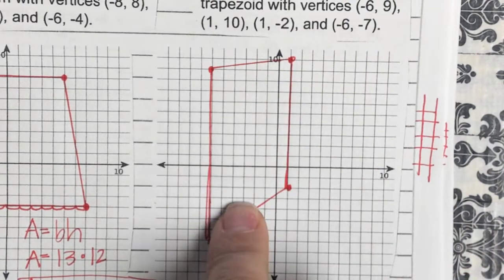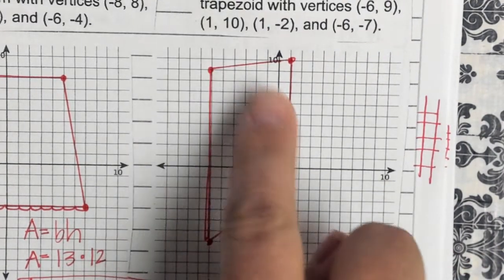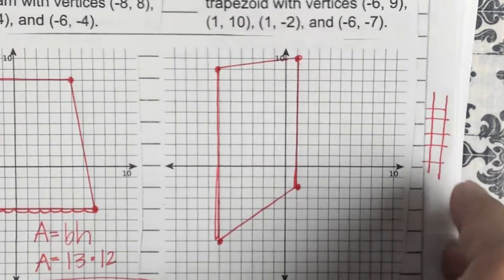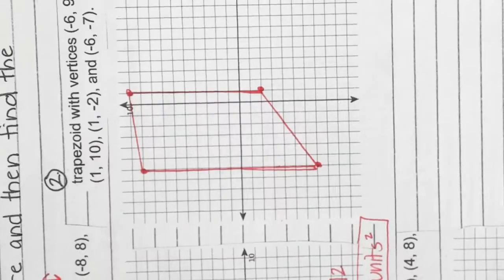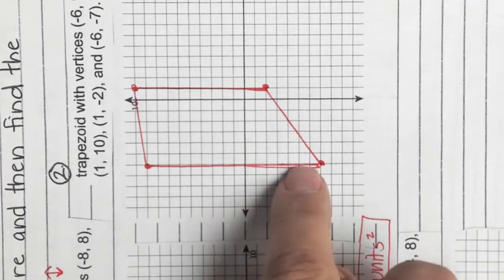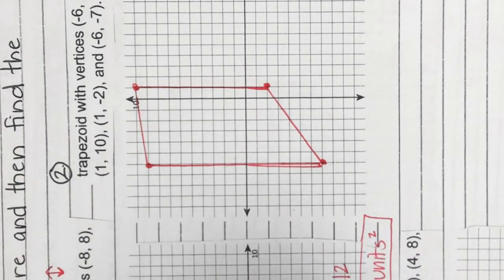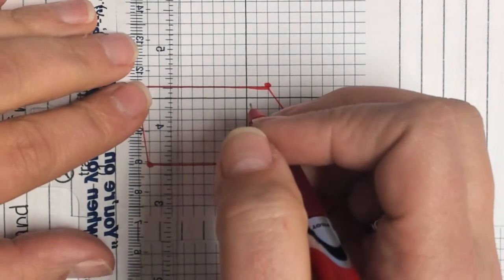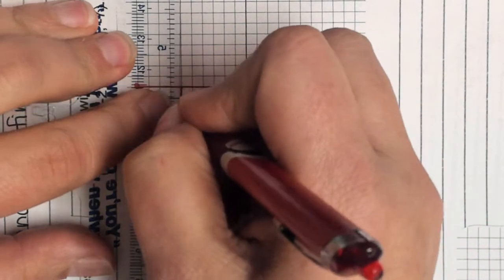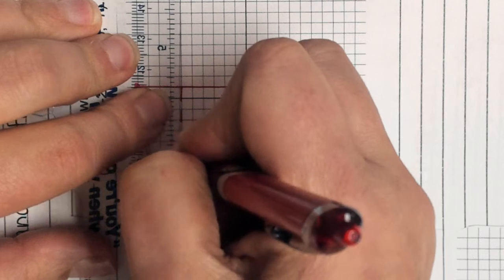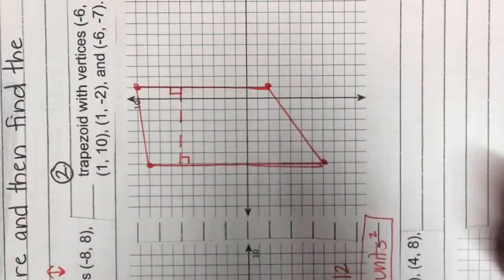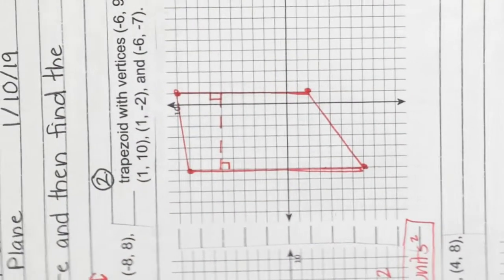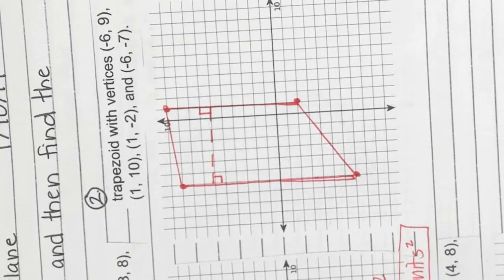So even though it's this direction and we typically think height's going to be tall, I could turn this trapezoid any way I want. This is a base and this is a base because those are my two parallel lines. My height is going to be any line that comes in here and connects my two bases.